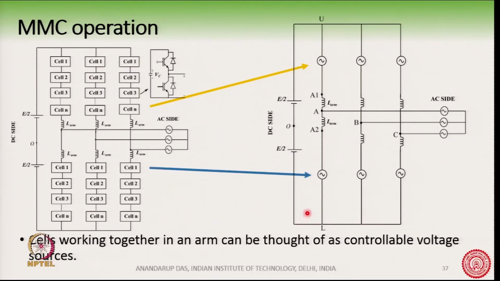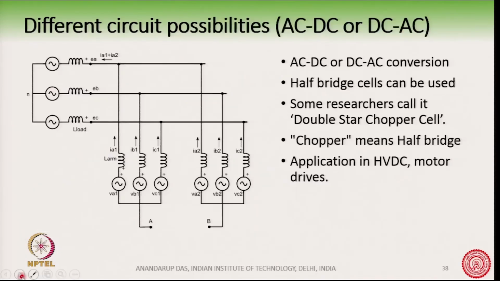And these two are the terminals which, for a DC to AC converter, are connected to the DC source, and for an AC to DC converter we produce the DC here. Okay. So, in a similar way, these are the 2 neutral points, isolated neutrals of the upper arm and the lower arm, and they are taken out and shown by A and B.